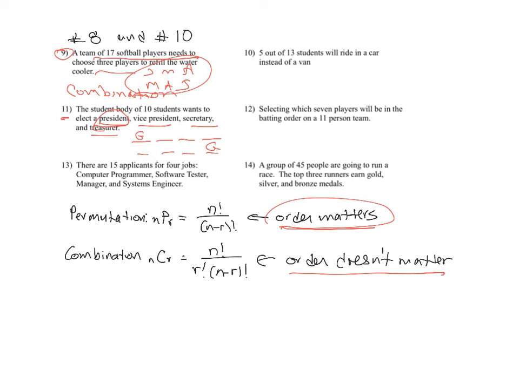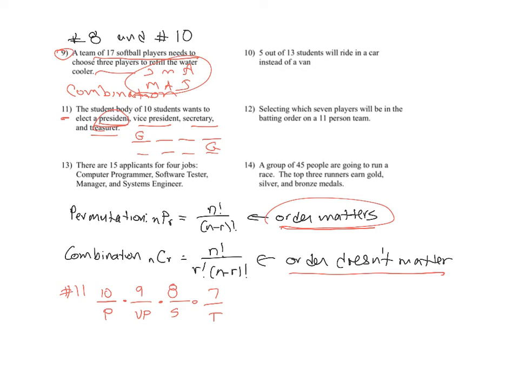Now let's look at how you solve a permutation like number 11, because there's 2 ways you can do it. You could say, okay, if there's 10 students for president, there's 10 possible choices. Once somebody is elected president, there's only 9 choices for vice president, and then 8 choices for secretary, and 7 choices for treasurer. So you would take 10 times 9 times 8 times 7 to determine how many different ways this election could play out.